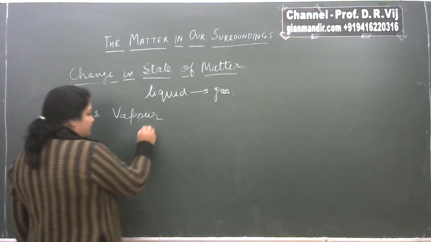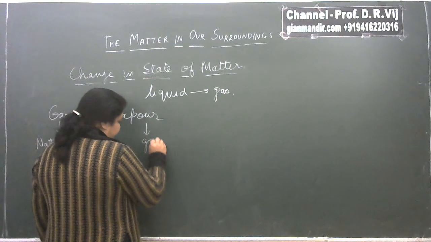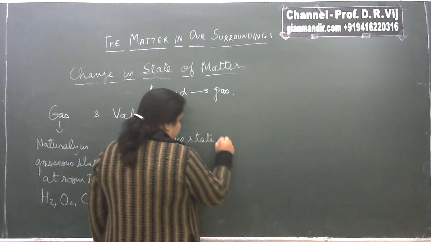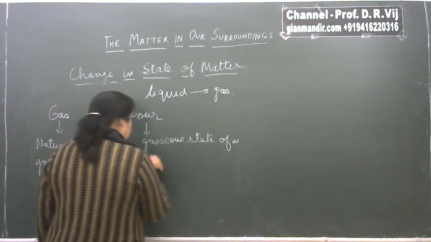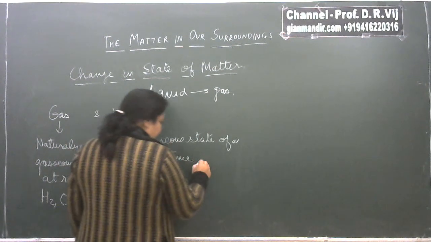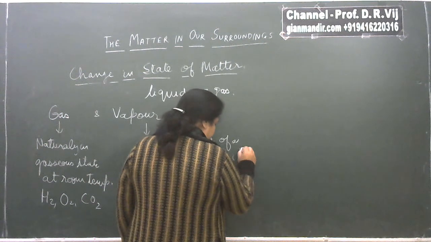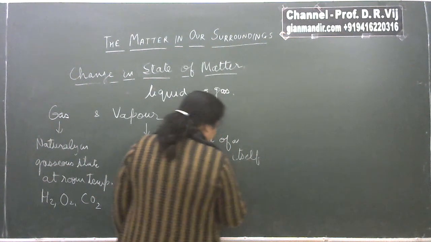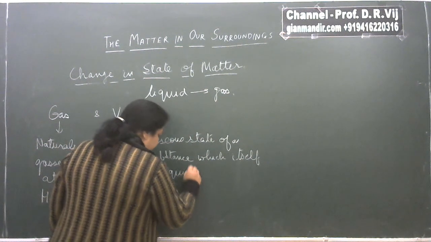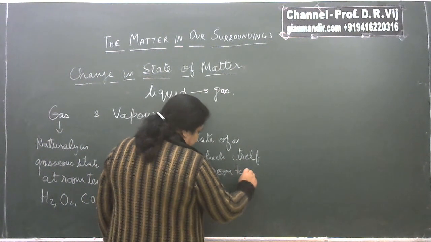And then what are vapors? Vapor is the gaseous state of a substance which itself is liquid at room temperature.